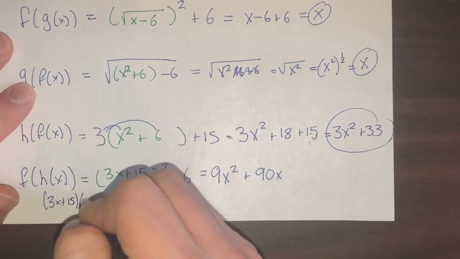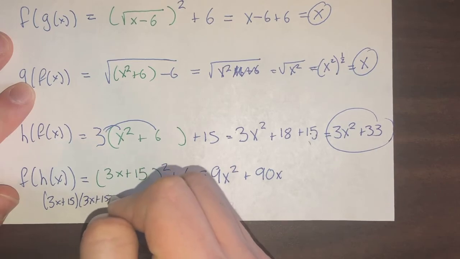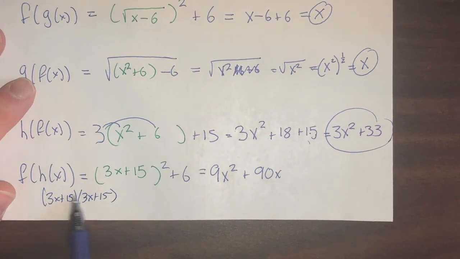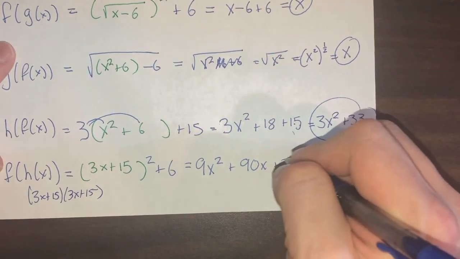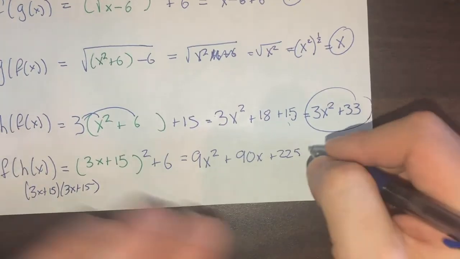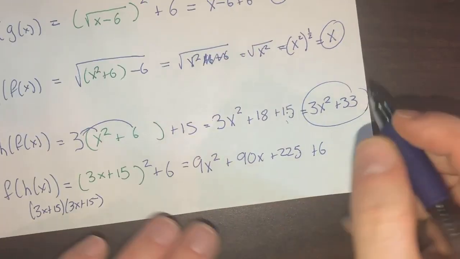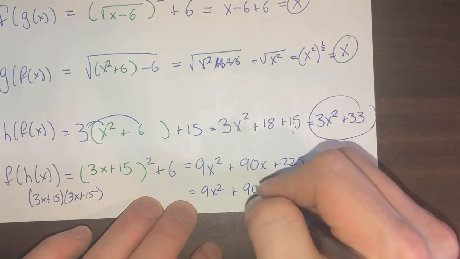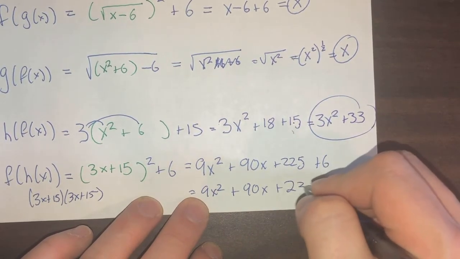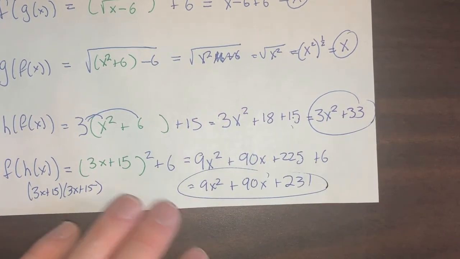So I'll show you what the square is there: there's the 9x squared, there's 45x, here's another 45x, and then I have to do the 225, because that's the 15 squared. Then I add my 6, and I get 9x squared plus 90x plus 231, okay?